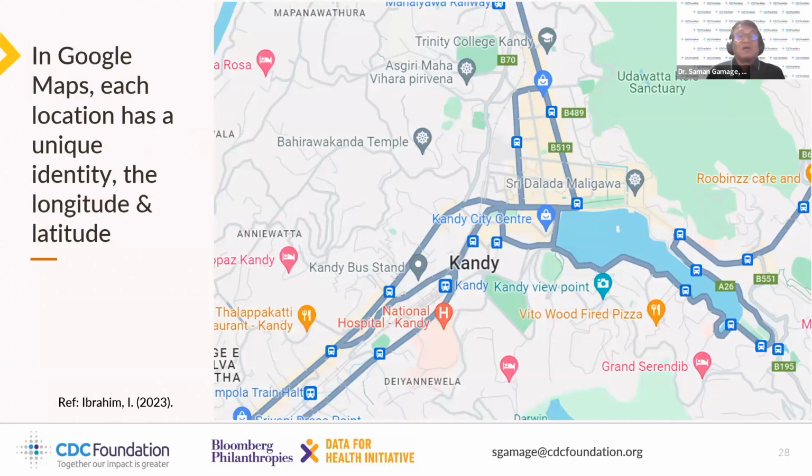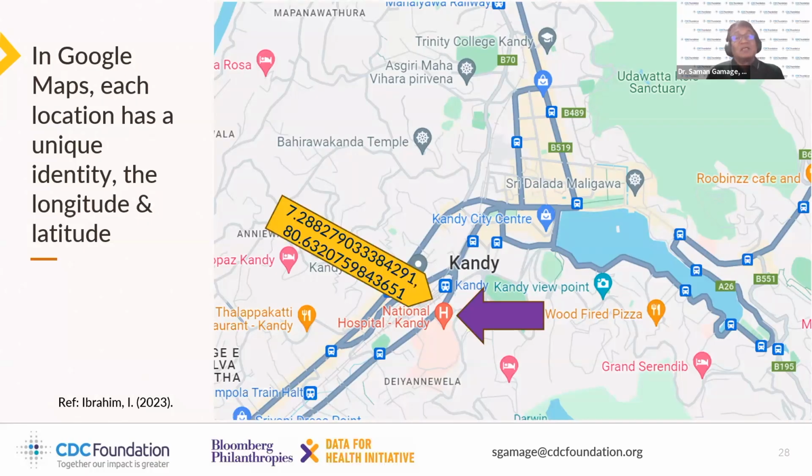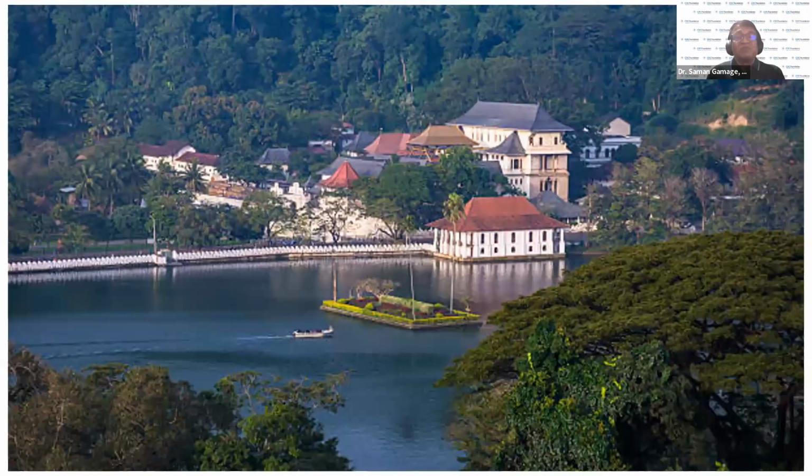I think you are aware of Google Maps. In Google Maps, each location has a unique identity, the longitude and latitude. So this is a Google map of a district in Sri Lanka, Kandy. Here you find the longitude and latitude. Kandy is a beautiful city in the central part of Sri Lanka.